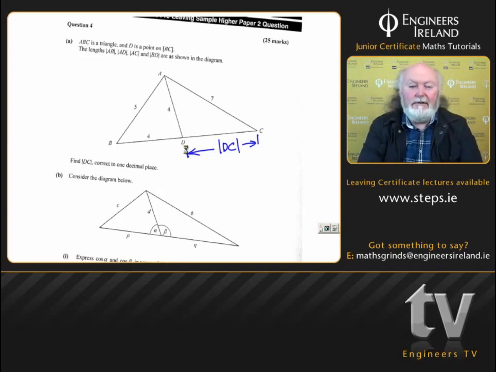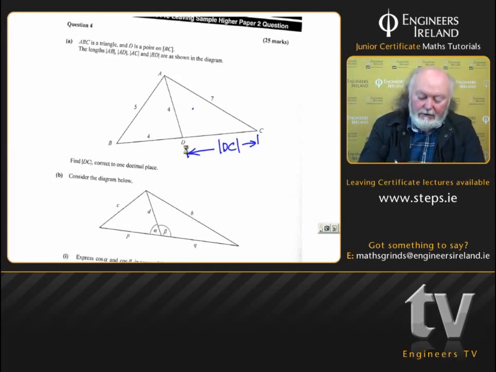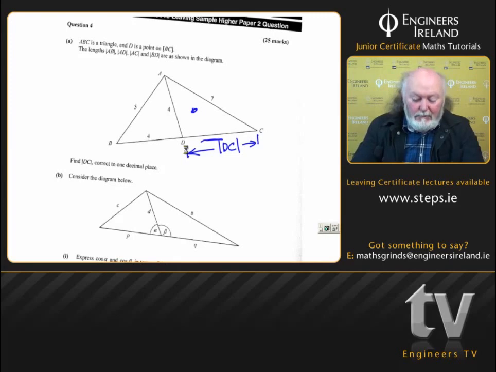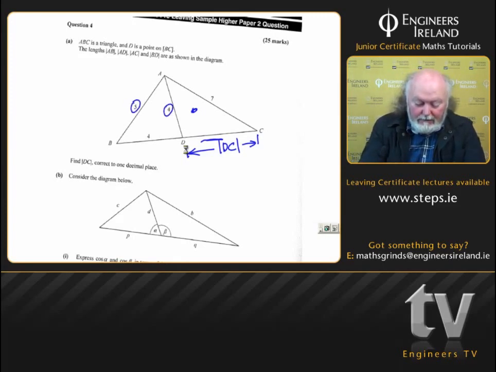So what do you know about solving these problems from Junior Cert? If there's not enough information in the triangle that you want, and it would have to be this triangle that you're really looking for because this side belongs to it, you find a triangle that has at least 3 pieces of information. We are fortunate that we have all 3 sides on this one.